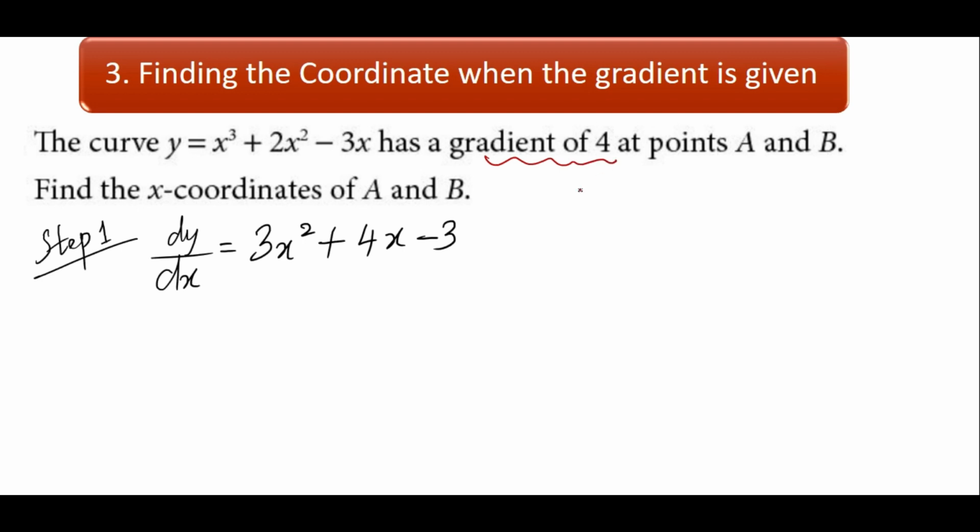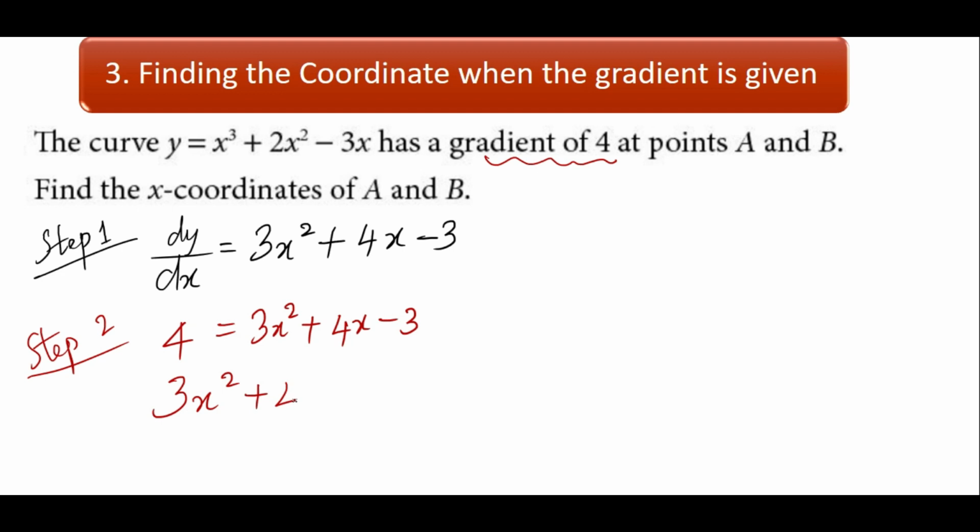The gradient is 4, so step 2 is 4 is equal to 3x squared plus 4x minus 3. By rearranging, you will get 3x squared plus 4x minus 3, and shifting this 4 to the side, I have minus 7 equals 0.